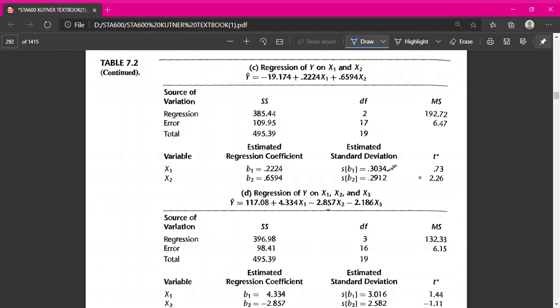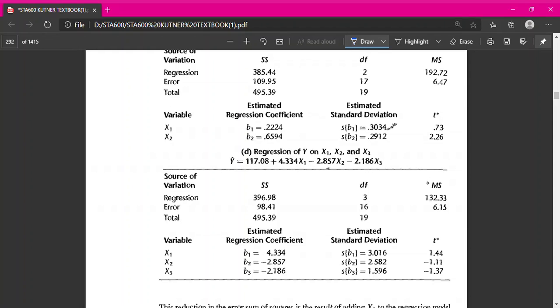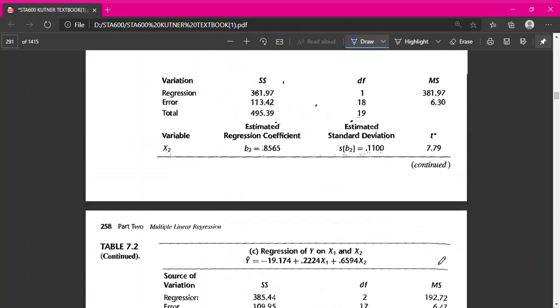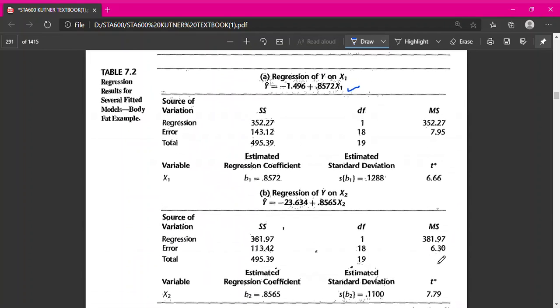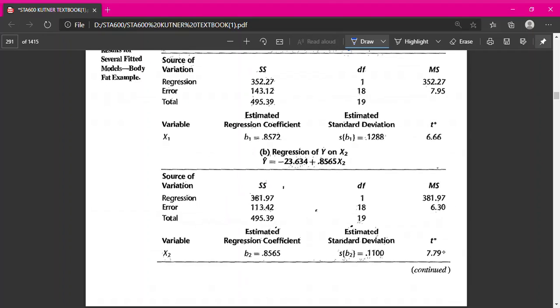So kita dapat Anova, kita dapat all the regression coefficients. Last sekali kita regress Y on X1, X2 dan X3. So we have the Anova Table and all the values of regression coefficients, together with the standard deviation dan juga dia punya value of t. Okay, kalau you observe here, kalau you tengok kan, ini SSR, di sini SSR, di sini SSE, di sini SST.